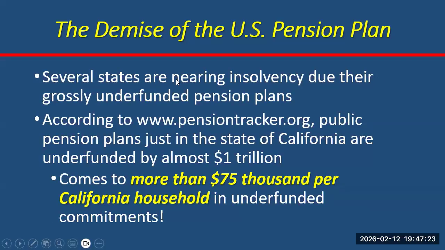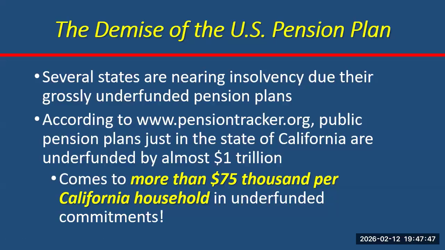Several states are nearing insolvency. A few years ago, California was talking about a budget problem that they were having, like $5-10 billion. And someone said, well, but your pension plans are like $50 billion in the hole, and you don't talk about that because it's not on the books. It's like, yeah, I mean, these are massive. So now this pension tracker went away.